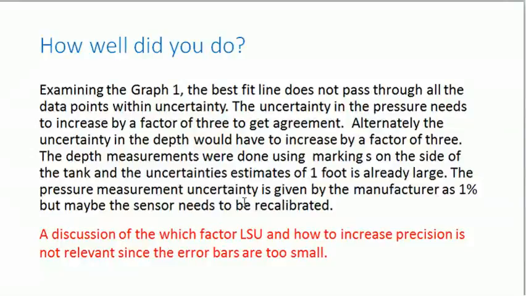So maybe that's telling you something about the sensor. Perhaps the sensor is old and beat up a bit, and maybe it needs to be recalibrated. Because you're so far off, you don't need to discuss what was the largest source of uncertainty and how to increase precision. They're not relevant here because your error bars are way too small. There's other concerns.